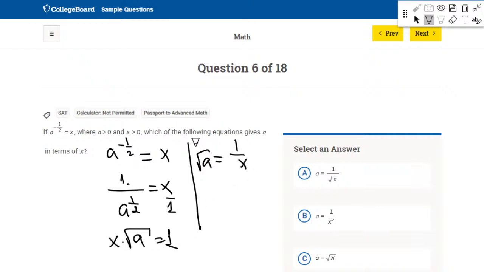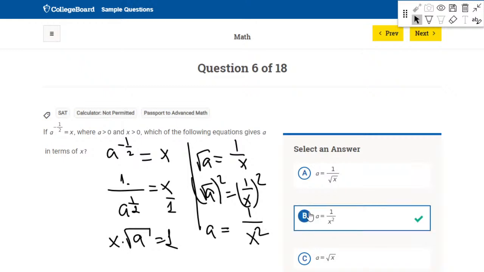And how do we get rid of the square root? We just raise to the power of 2. So square root of a squared, and x squared. So we get a equals 1 divided by x to the power of 2. So it's B. Let's continue.